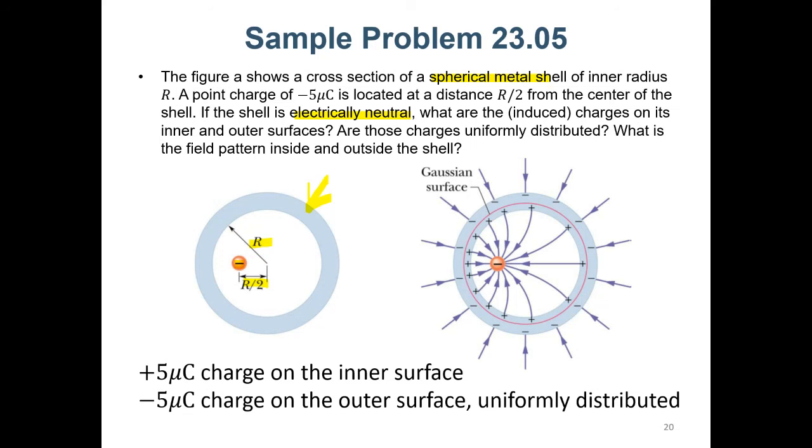If you draw a Gaussian surface with the same center as this one, then you definitely find the Q enclosed by this one to be negative 5 μC. So when you calculate the E field generated at this point, you can consider this -5 μC to be placed here. So it's just like a shield.